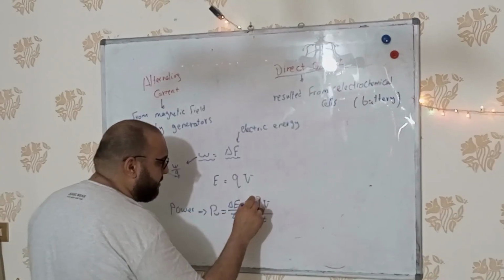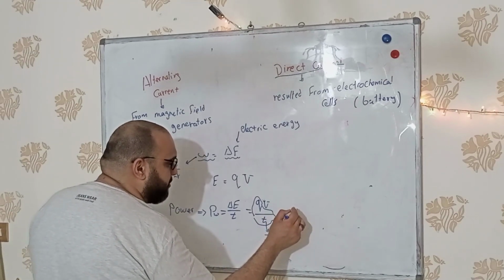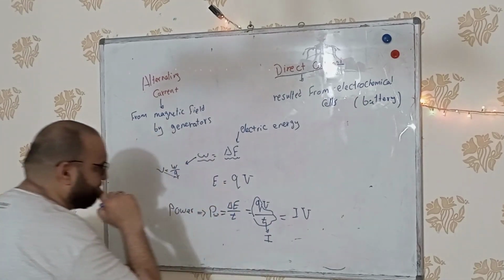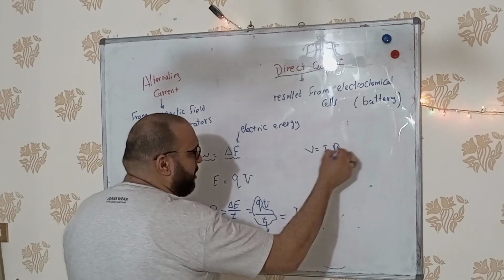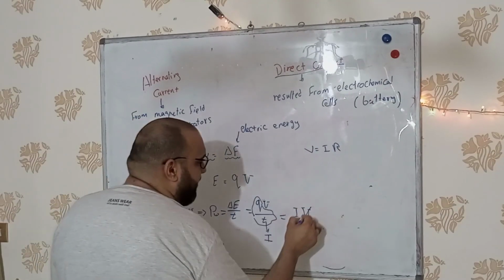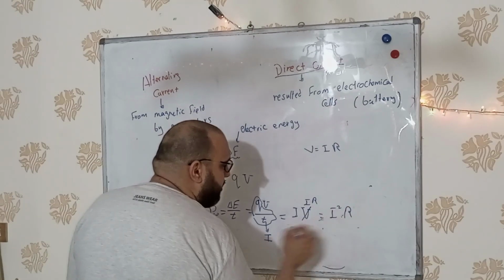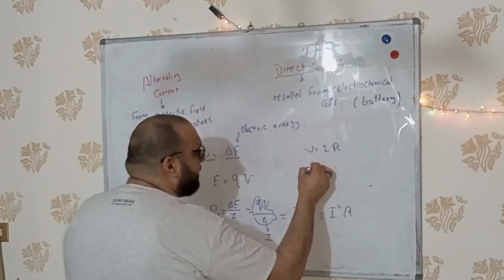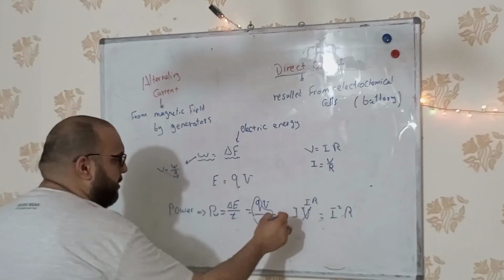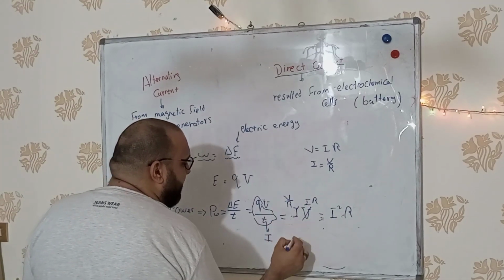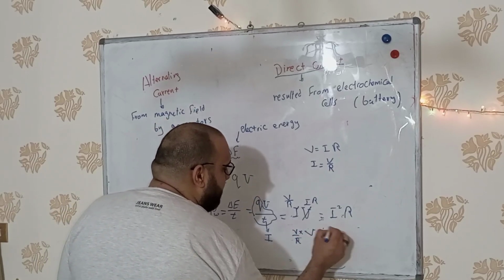Q over t represents I, so we can say also I times V. From Ohm's law, V equals I times R, so we can replace V by IR, and it will be I squared R. Or we can replace I by V over R, so it will be V times V over R, which is V squared over R.